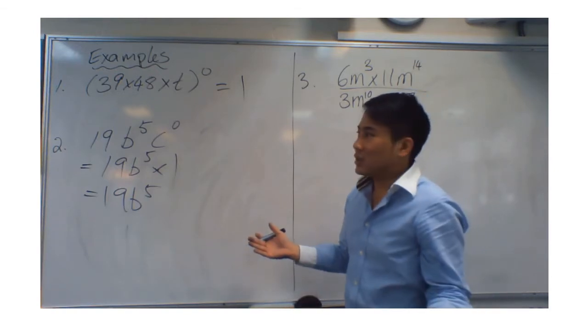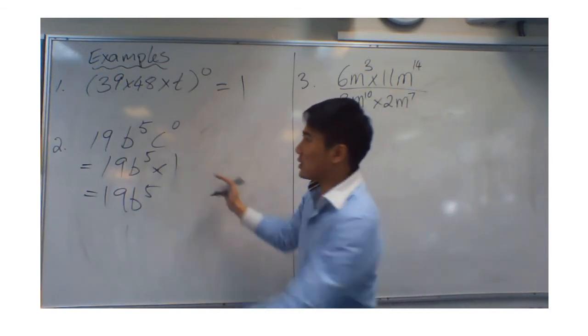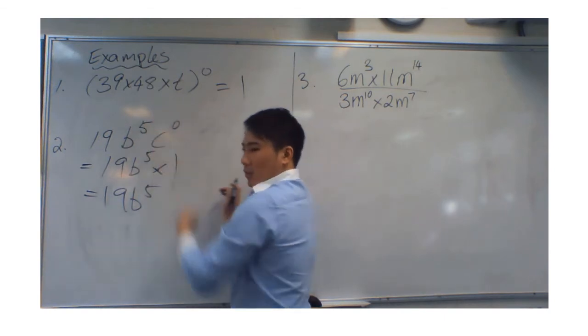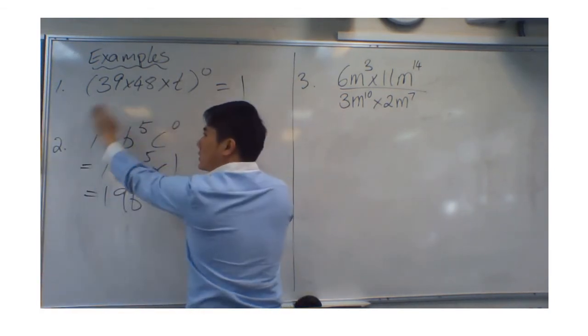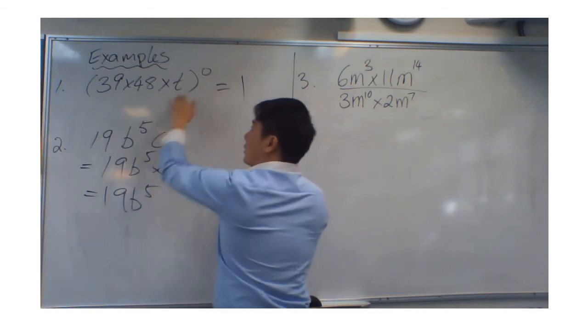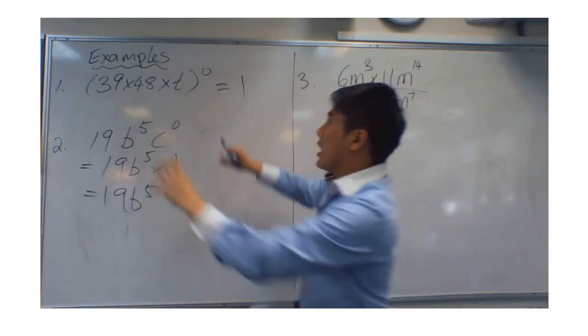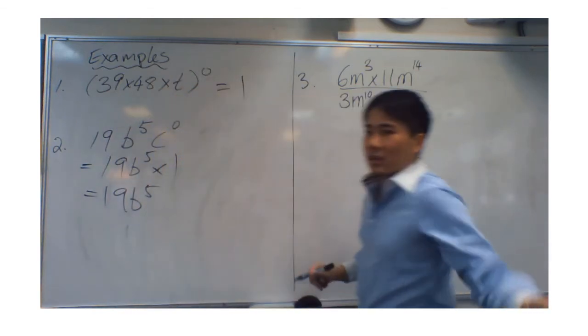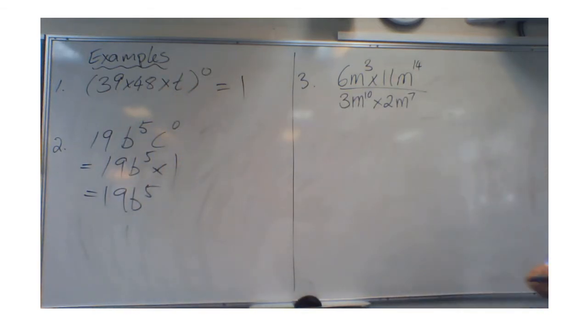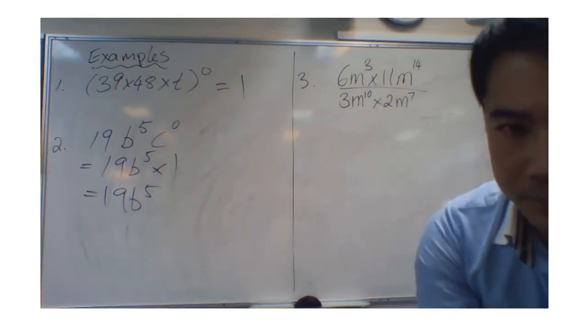It won't. In this case it won't, because it will only be this bit becoming 1, but I'm still timesing 1 by whatever's stuck in front of it. But in this case, because I'm saying everything is raised to the power of 0, that's why this whole thing will become 1.